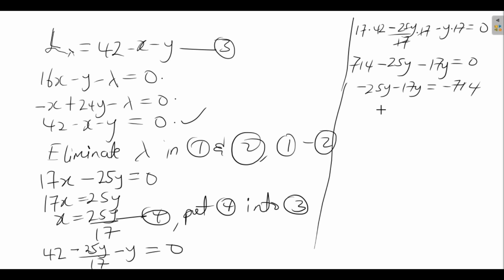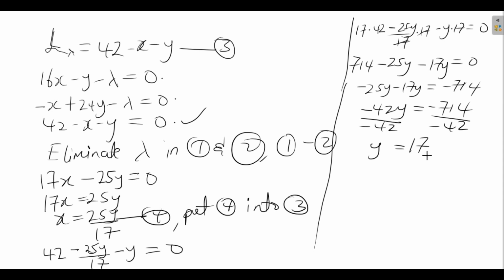Now what is negative 25y minus 17y? That is negative 42y. Negative 42y is equal to negative 714. Because we want to find y, we divide by negative 42 on both sides, and then we find out that y is equal to 17. So this is the value of y.